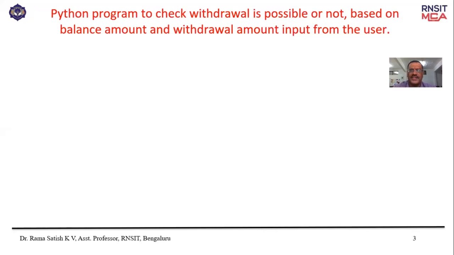Or else you can withdraw, and the withdrawal amount has to be deducted from the balance amount. This is the case. They asked this in the June, July 2017 exam.